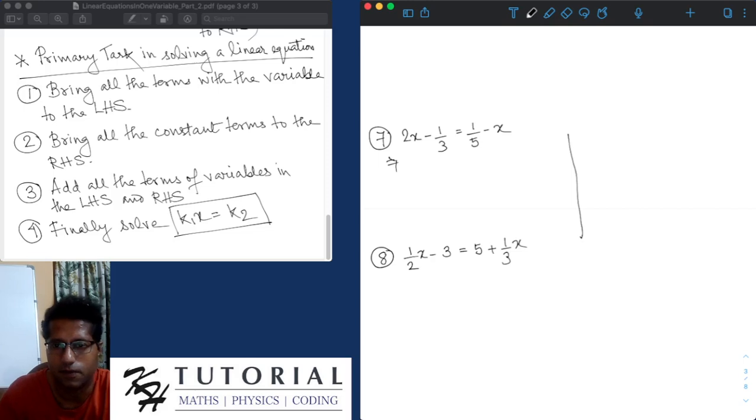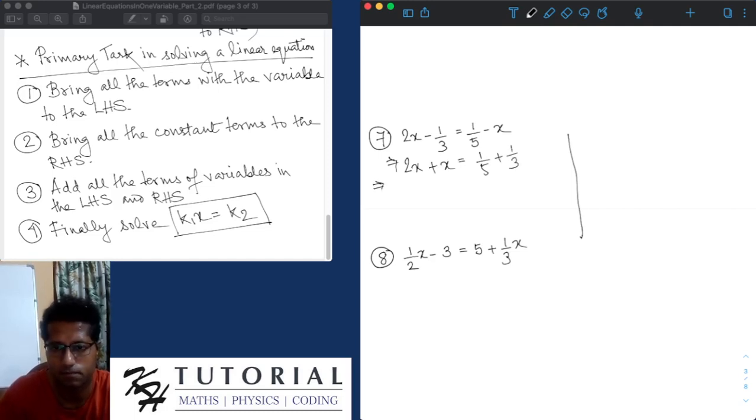So I will bring all the x terms to the left hand side. If I bring the minus x to the LHS, it becomes 2x plus x equals, and if I bring the minus 1 by 3 from LHS to the RHS, it becomes 1 by 5 plus 1 by 3.